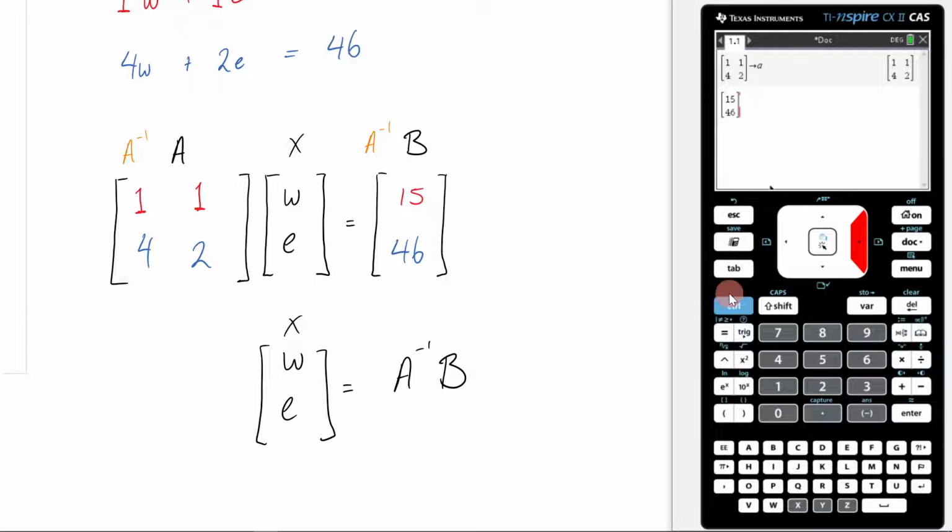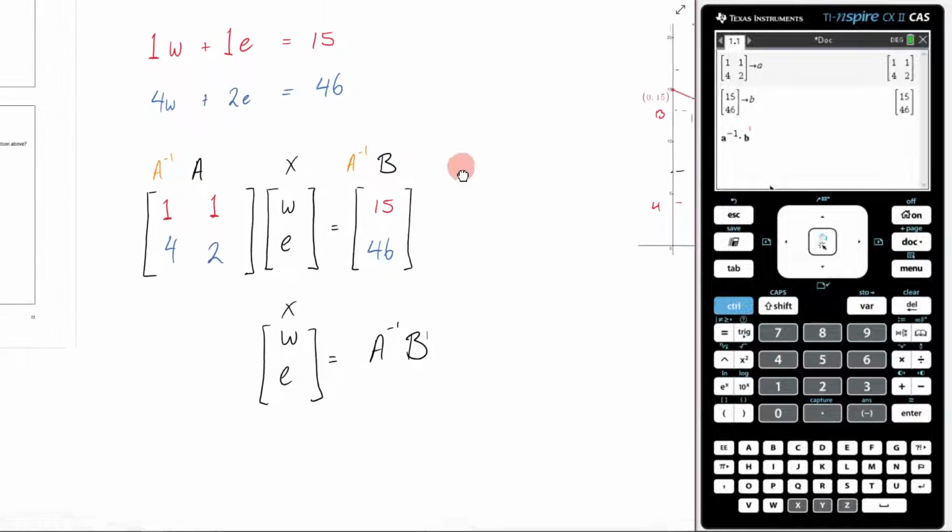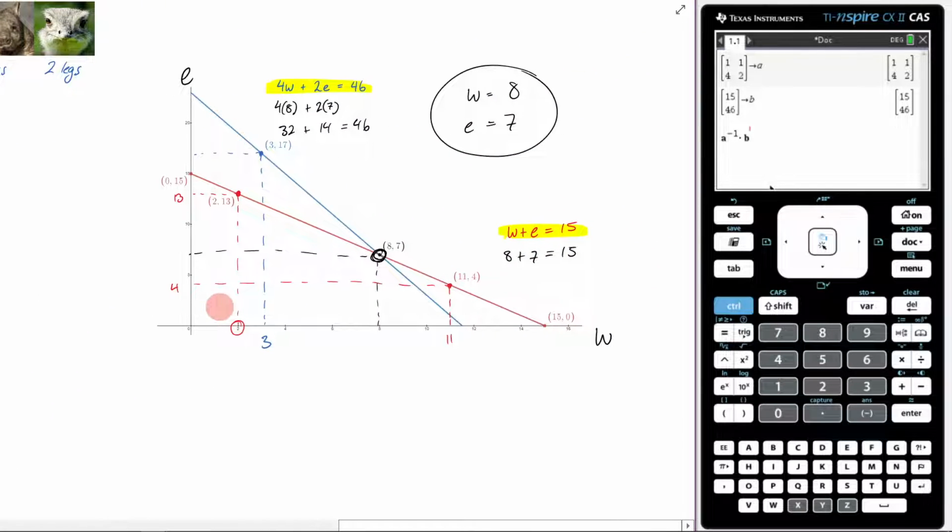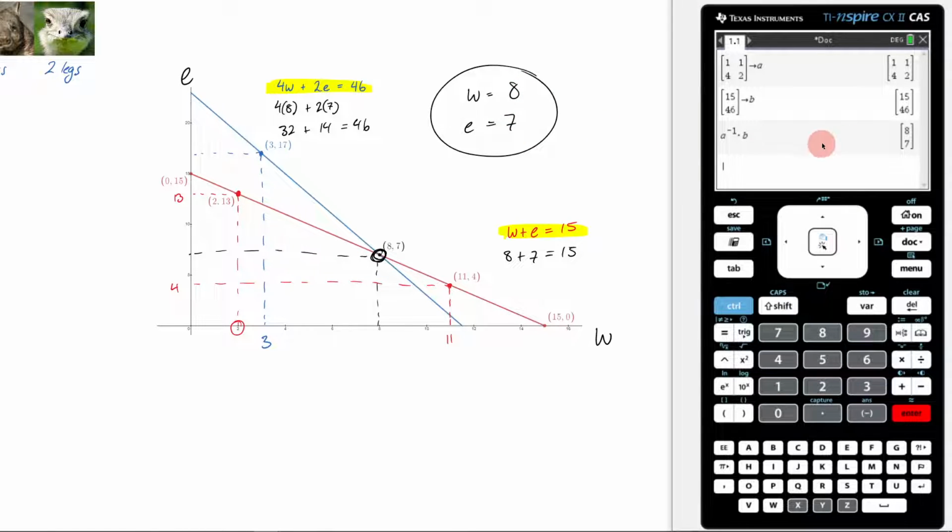Then I'm going to say, all right, control this is B. Hit enter. And now what I want to do is I want to take A, I want to take the inverse of it, -1, and I want to multiply it by B. And if I'm correct, I should get out W is 8 and E is 7. Drum roll, please. Look at that, 8 and 7.